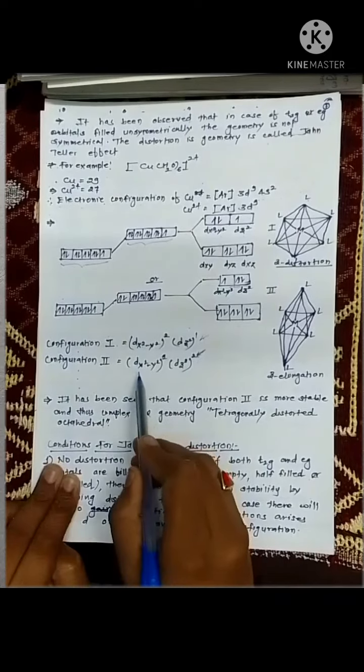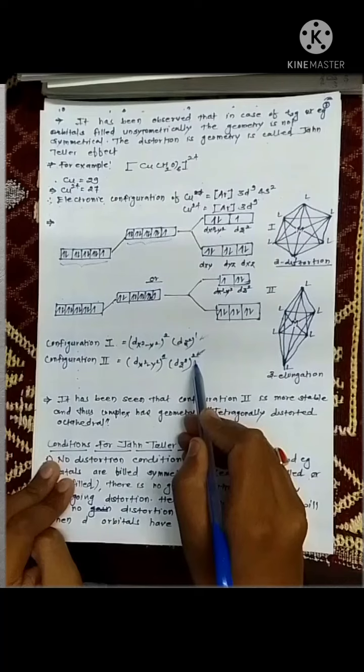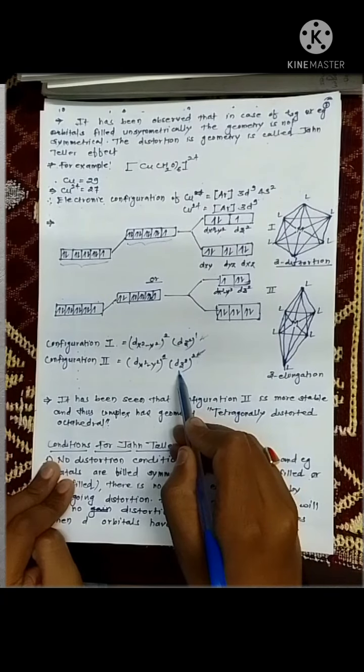What happens when two electrons are combined in the dz square orbital?